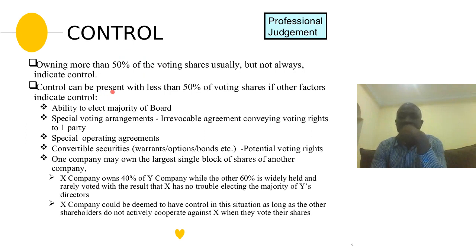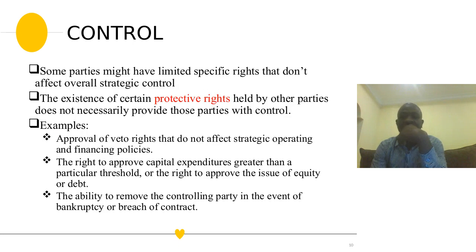Now, this control can be present also with less than 50% of the voting rights, because you can have the ability to elect the majority of the board, and you can also have special voting arrangements within the same company.